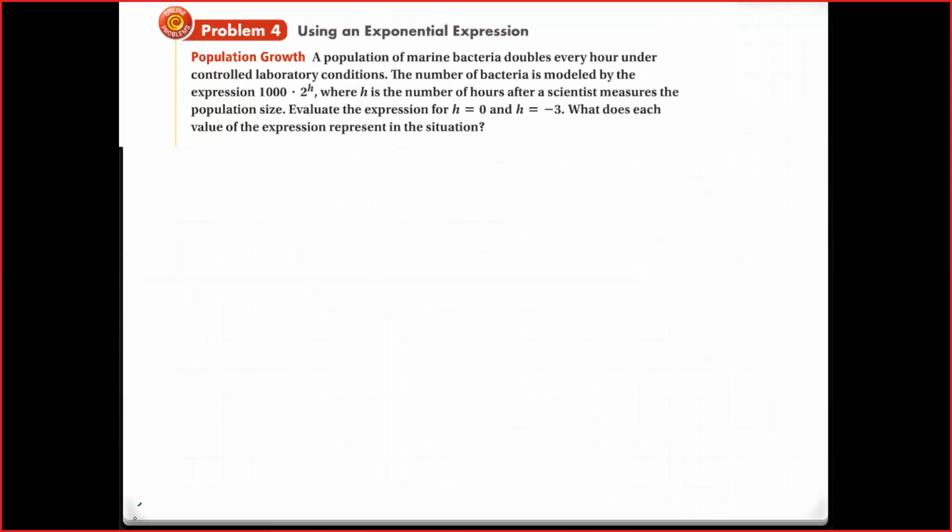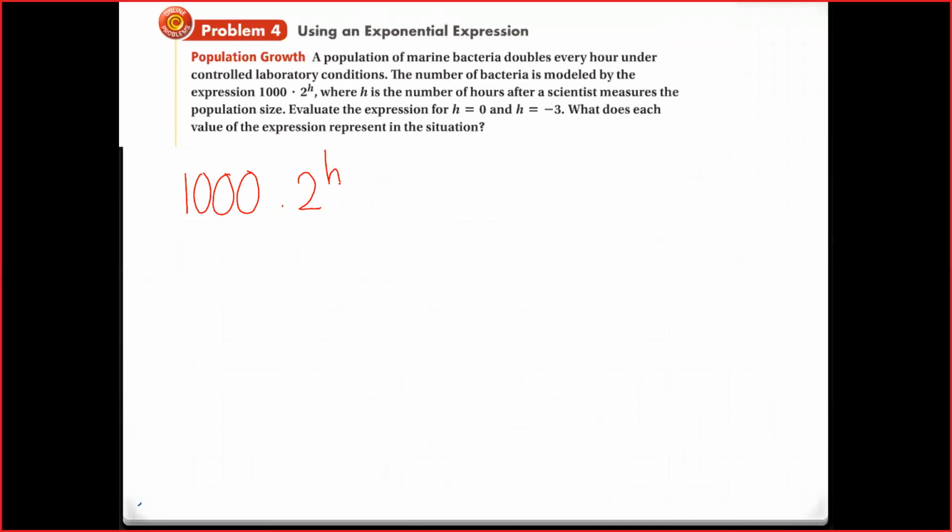Now, using an exponential expression. Here now, a population of marine bacteria doubles every hour under controlled lab conditions. The number of bacteria is modeled by the expression 1000 times 2 to the power h, where h is the number of hours after a scientist measured the population size.